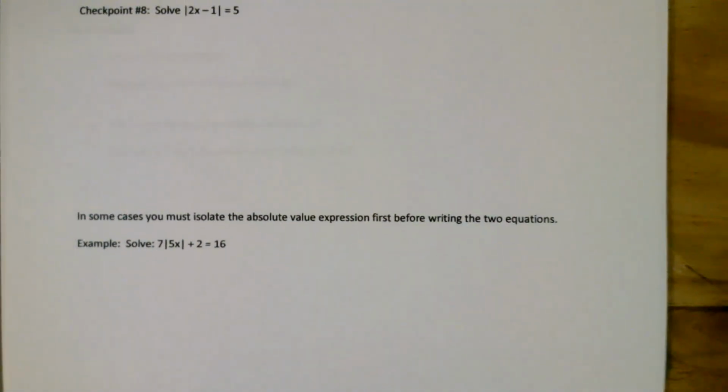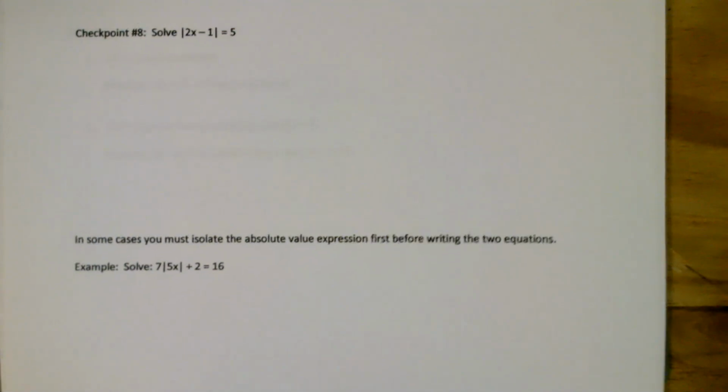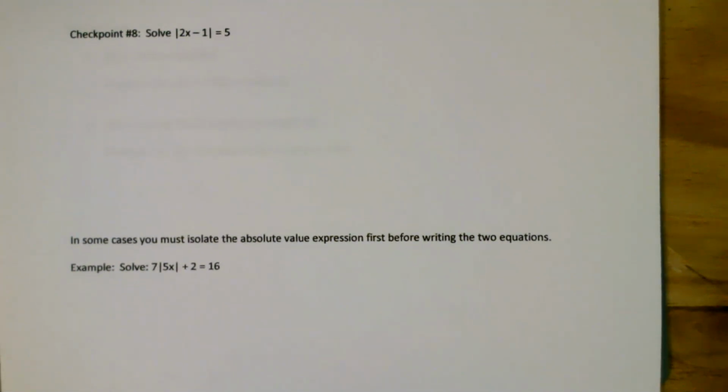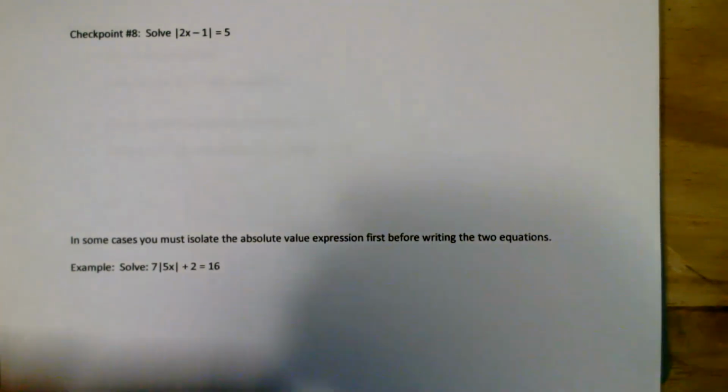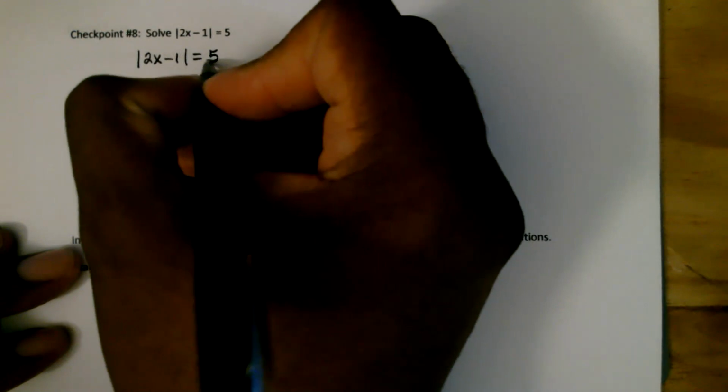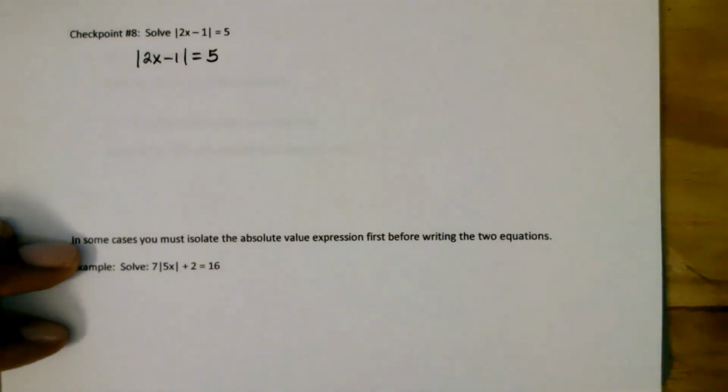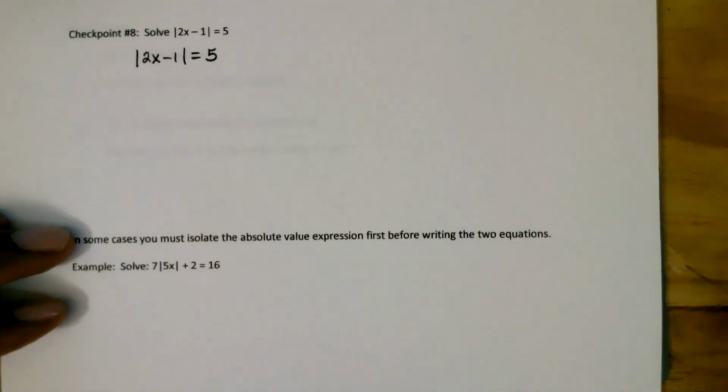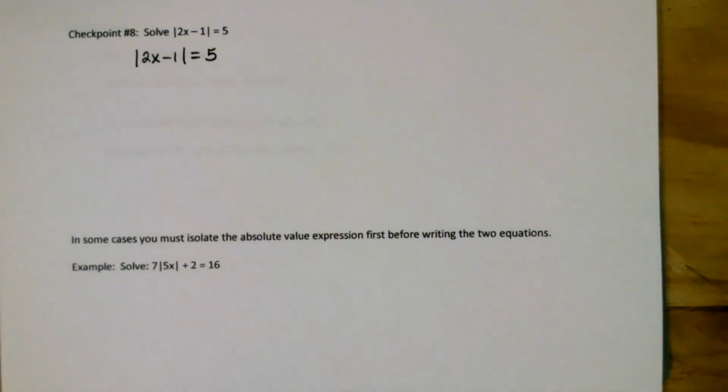Let's say we have something like this. Absolute value of 2x minus 1 is equal to 5. And here I want to solve this equation for x.